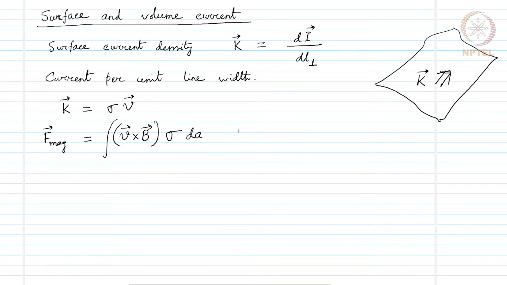This would be the magnetic force, which is equal to, so V times sigma is K, as we have seen here, K cross B dA integrated over this.